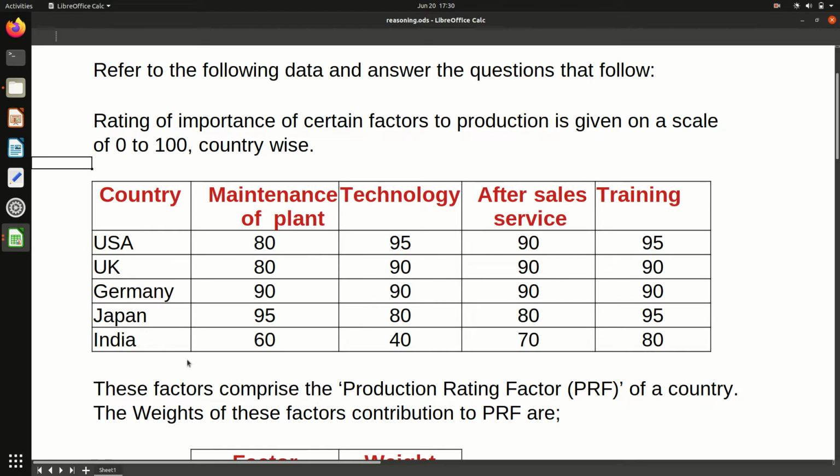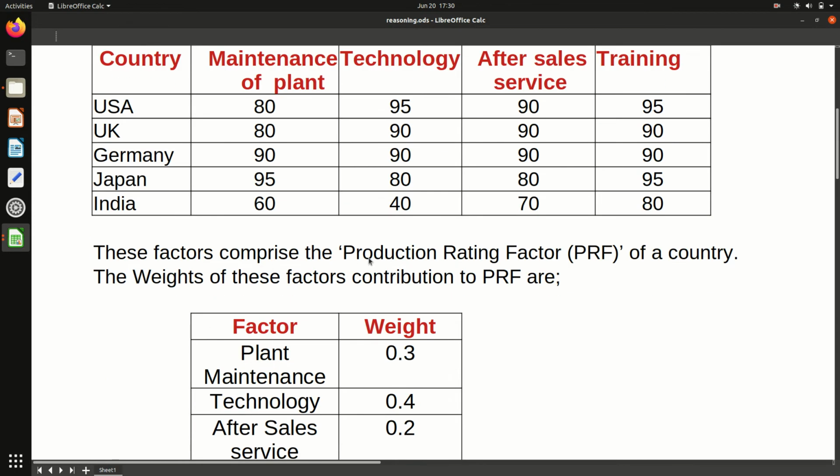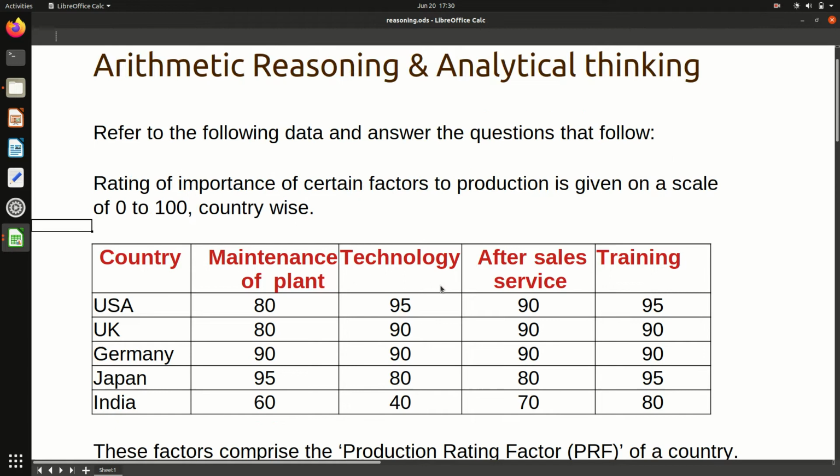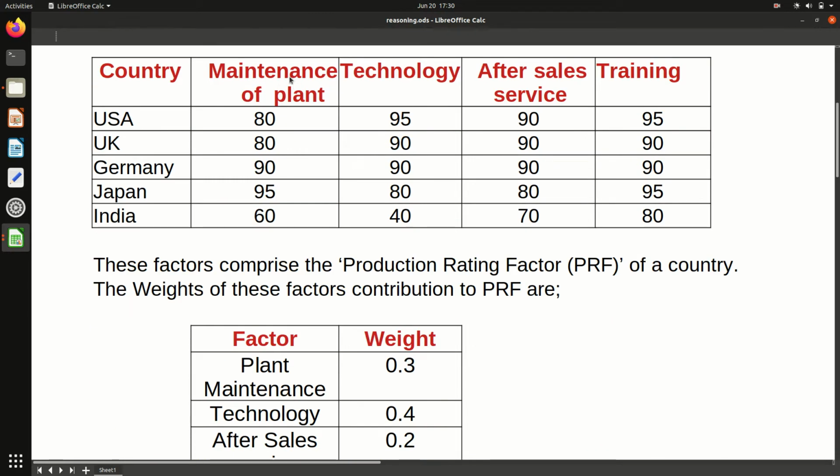Now the question is, these factors comprise the production rating factor, PRF, of a country. The weight of each factor contributes to the PRF. These are the ratings, and these 4 are the factors: maintenance, technology, after sales and training.